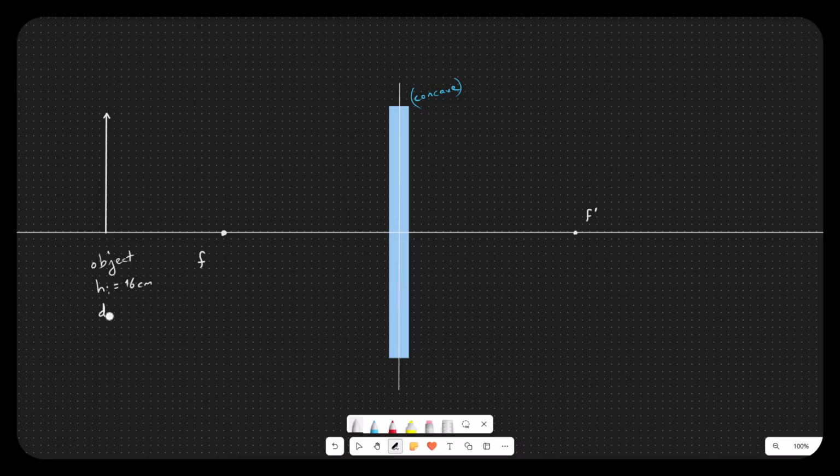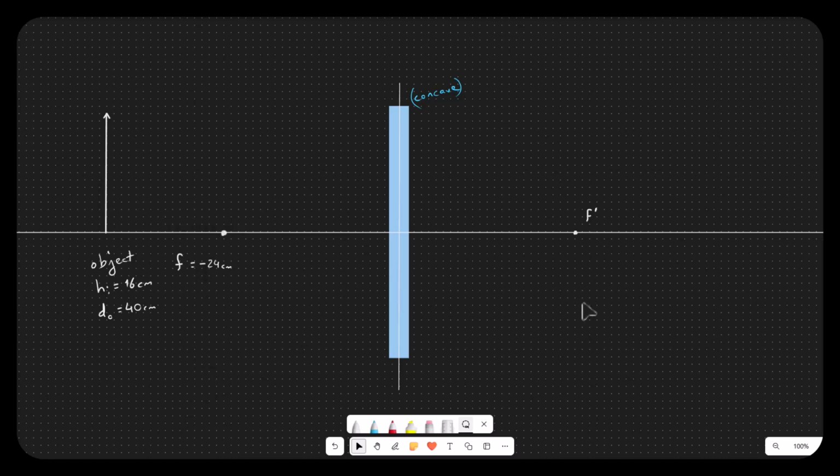My object distance I am saying is 40 centimeters. My focal length is going to be 24 centimeters, but it's negative because it's on the wrong side. Let me label that actually. Over here. Looking ahead just a little bit.